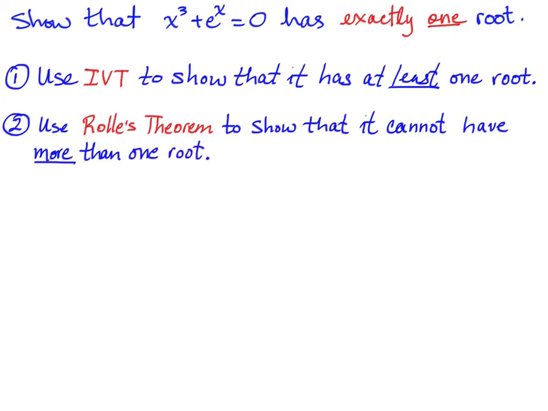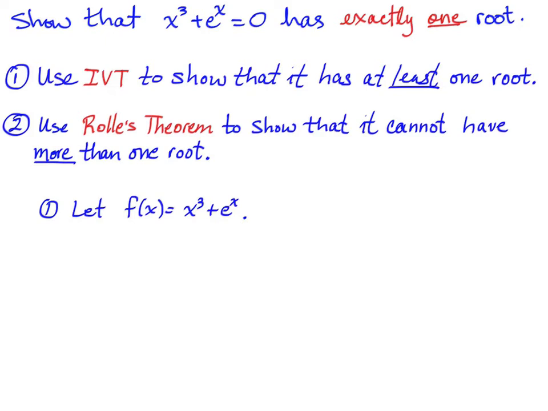All right. So in step 1, we're going to do what we did back in chapter 2. And in case you forgot, this is what we did. We said, okay, let f of x be the function x to the third plus e to the x. We want to apply the intermediate value theorem.